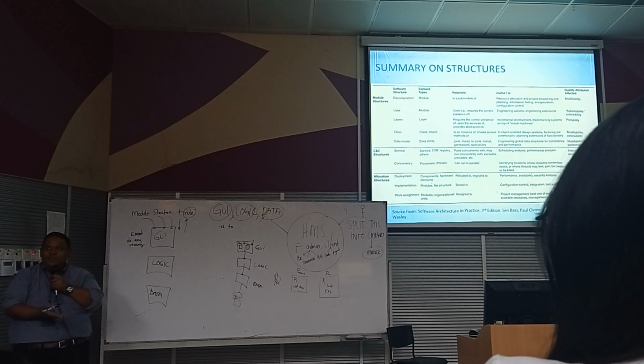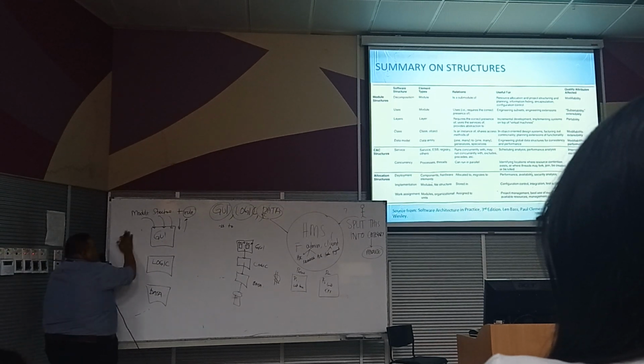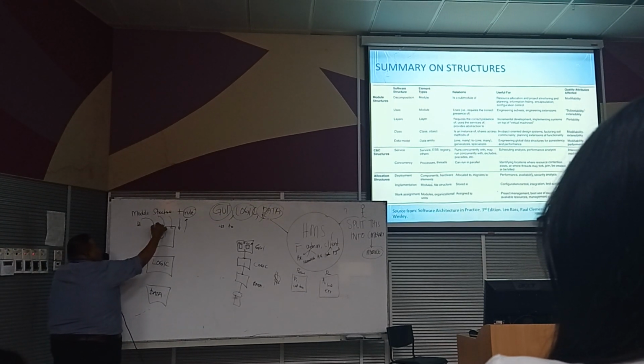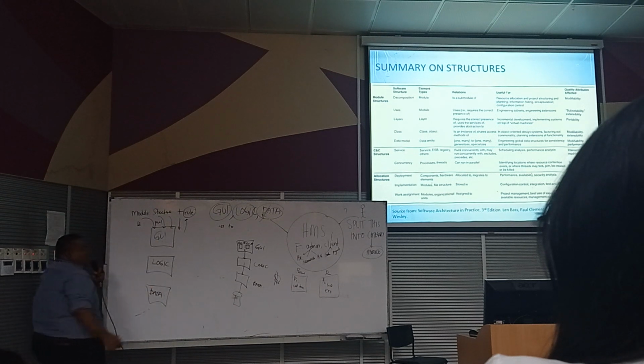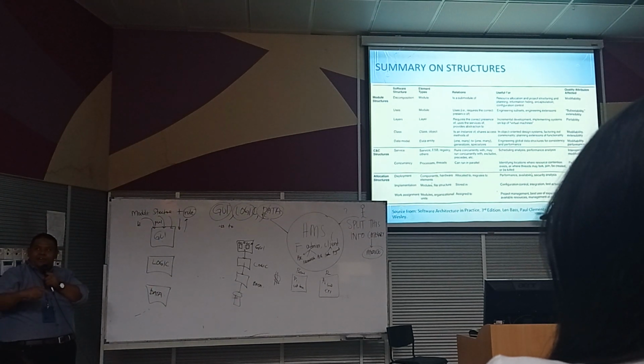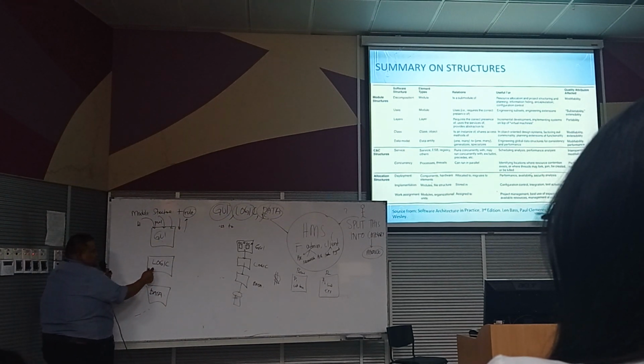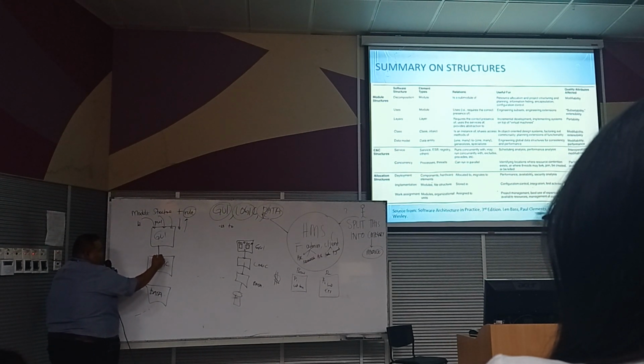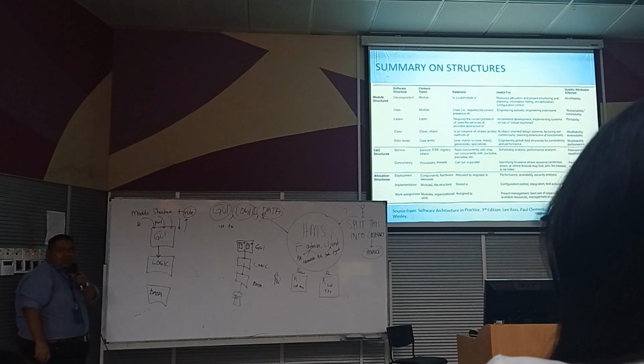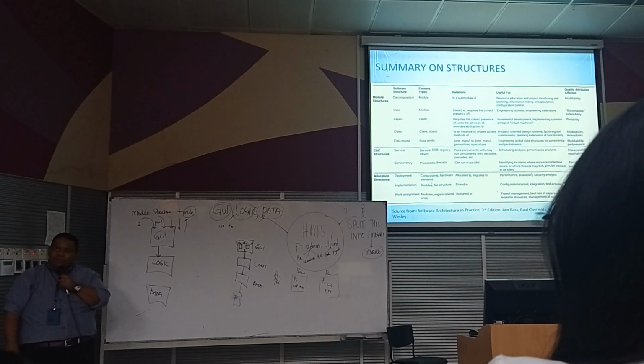Then who will do the verification? Let's say the data that comes in is ID and password. Who will verify? Verify is here. So the GUI needs to connect to logic. So what am I doing now? Component and connector, Mr. Rizwan.